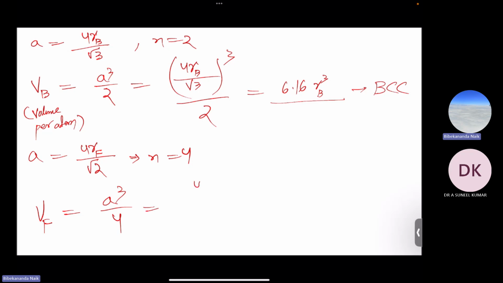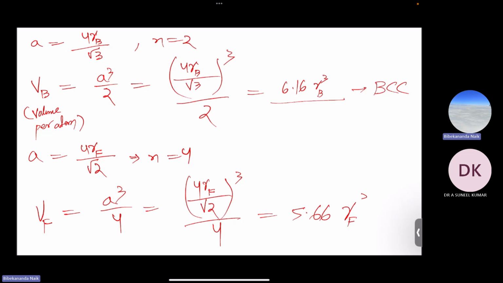And it will give you 4RF divided by root 2 cube divided by 4. So it will give 4 root 2 divided by 4, which gives 5.66 RF cube. So one is 6.16 RB cube and this is 5.66 RF cube.